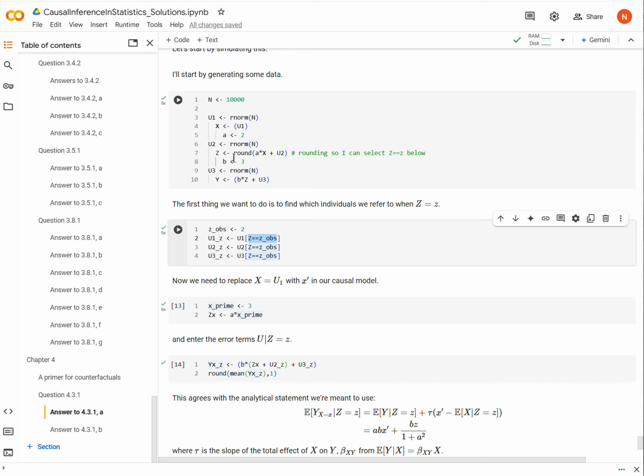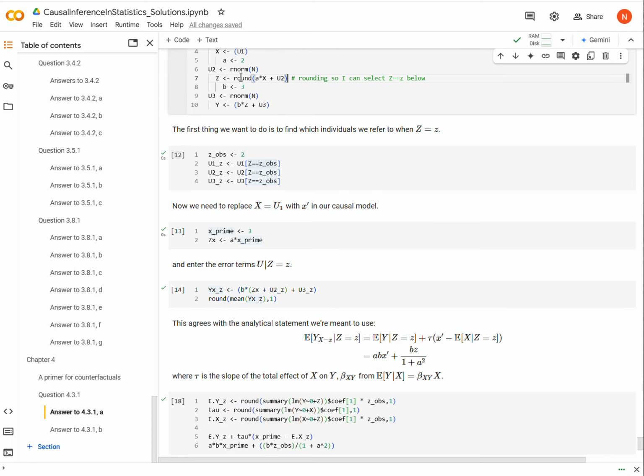In theory, none of them will equal little z, whatever I set little z to be. So I'm just rounding them to integers so that we can select data based on Z. That's what's happening there.